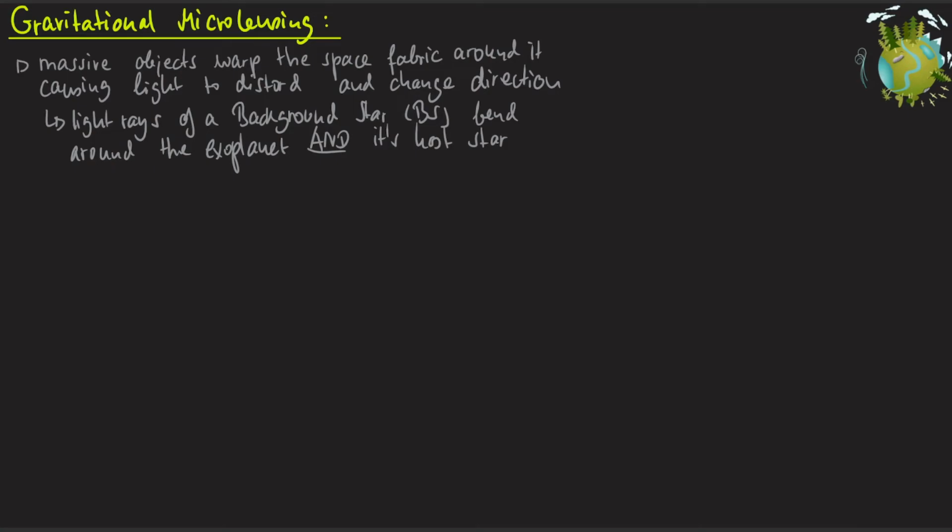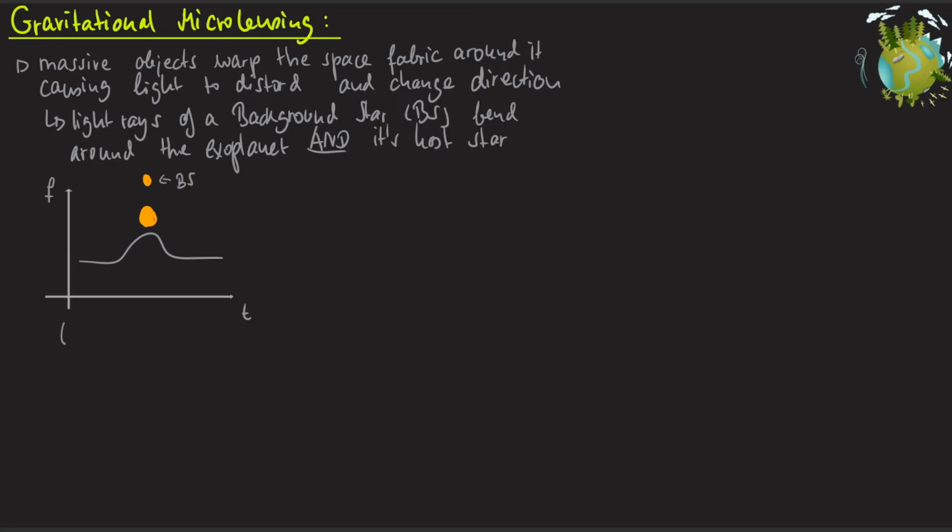Okay, we look at it first without a planet. We see how this looks, because we don't need, of course, a planet to bend the light. It's just that it's getting bent additionally, and that's revealing the exoplanet. But first we have only the background star, and we have the front star. So the light of the background star gets bent around the front star, and this way it's increasing.